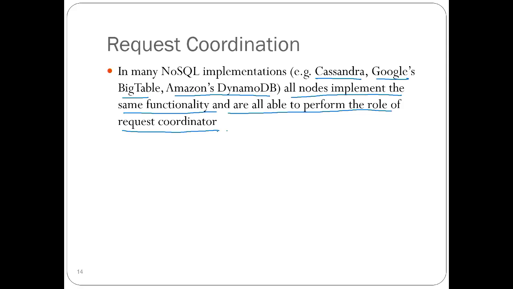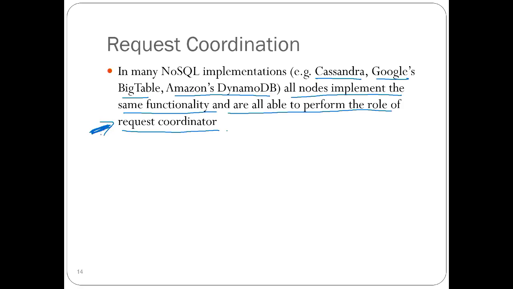Now, it seems to me that in these systems, as this bullet says, in Cassandra, Google's Big Table and Amazon's DynamoDB, whenever a client is requesting information either to be retrieved or to be written, it can reach out to any node, and any node is capable of working as a request coordinator.